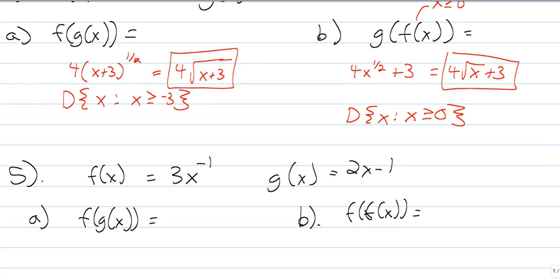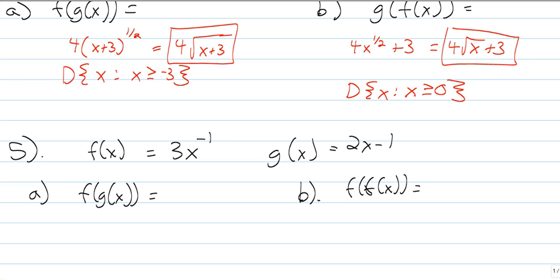Okay. If we do number 5, the last one, I have 3x to the negative first. The domain restriction here, remember, this is the same thing as 3 over x, so x cannot be 0. Here, x can be all real numbers again, because it's just 2x. F of g of x, so 3 times 2x minus 1 to the negative 1.